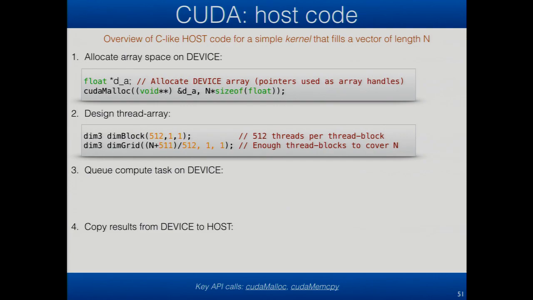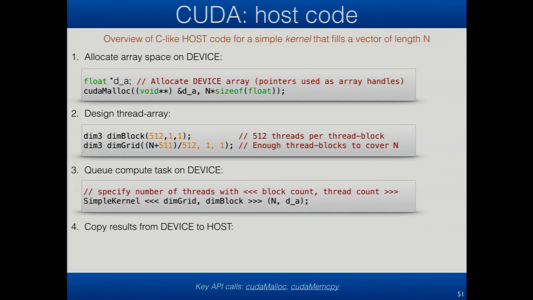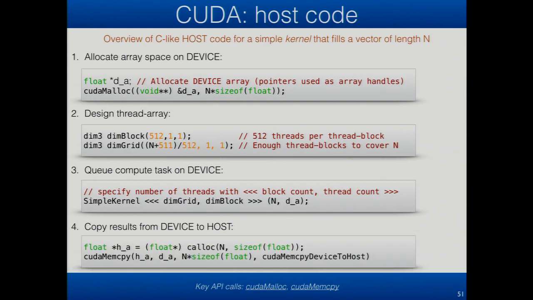You're enforcing assumptions through the specification of the thread array. We queue the task on the device, basically compute that stuff, and then copy the result back. Those are the archetypal steps. Typically, there's another step, which is you copy data onto the device, but we just kept this simple.